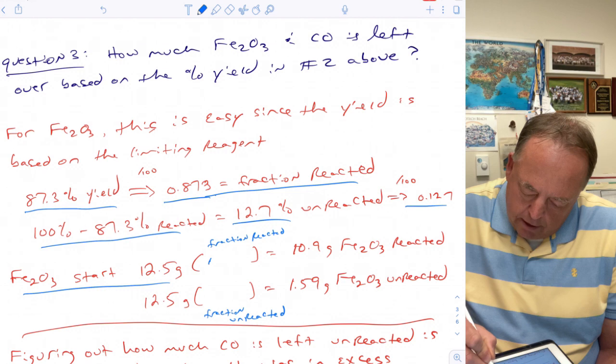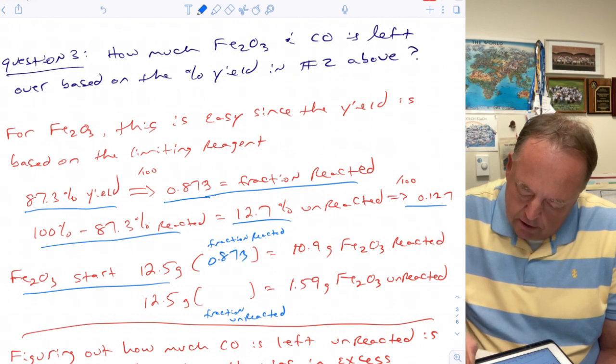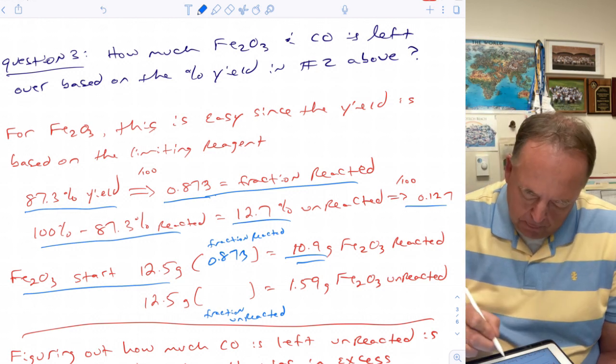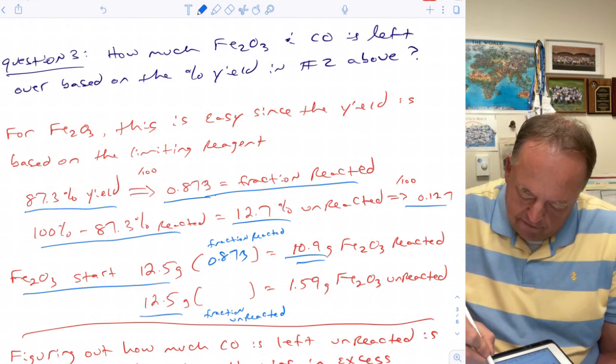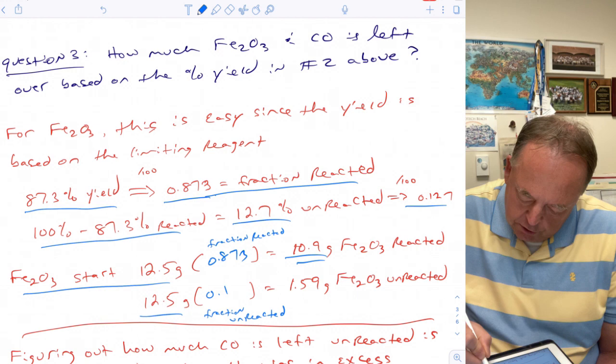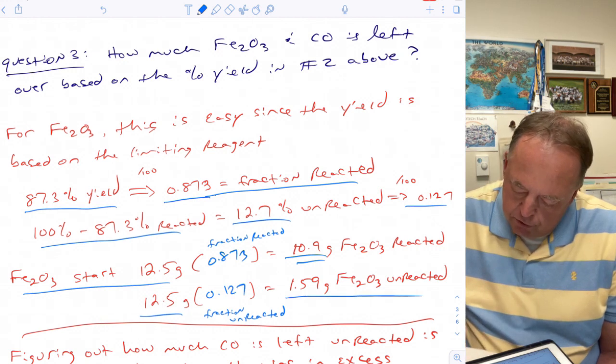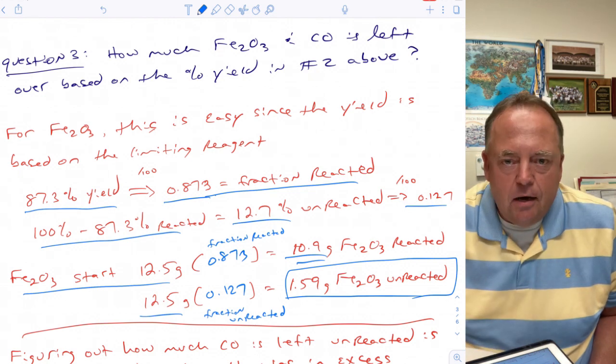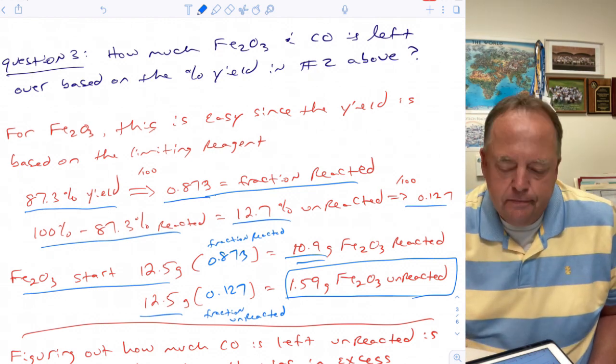If we multiply that by 0.873, that tells you that 10.9 grams of Fe2O3 reacted. Or if we take the 12.5 and multiply it by 0.127, that tells you that 1.59 grams of iron 3 oxide did not react and is still in the flask.